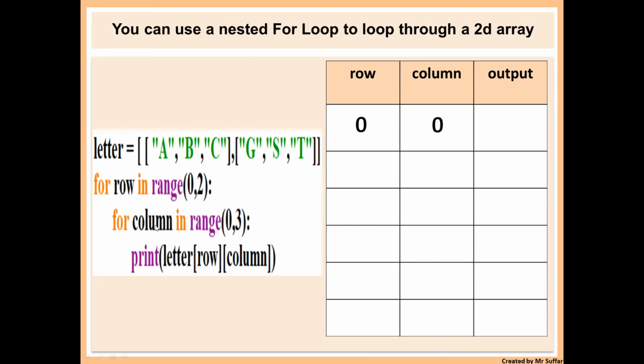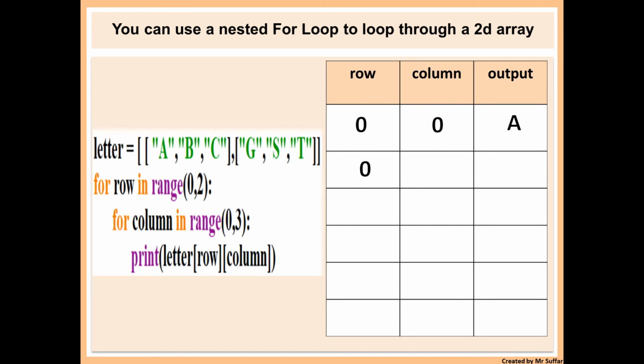Now, the first output is 0, 0. So print letter 0, 0, which means it's going to print the first one, which is the A. Then row will stay 0 because we're not going outside, we're still inside the inner loop. We're still inside for column in range. Once for column in range finishes, then the row will increase.